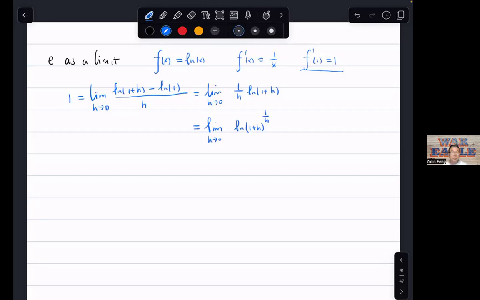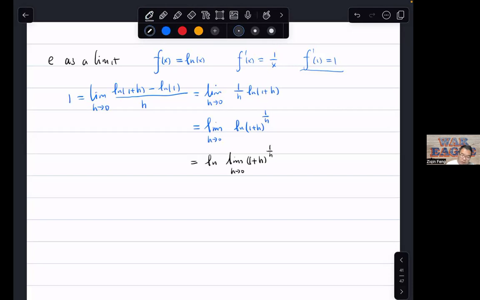And because this natural log function is continuous everywhere, the limit, you can move it in and out. So this is the same as natural log of the limit as h goes to 0 of (1 plus h) to the power 1 over h, right?